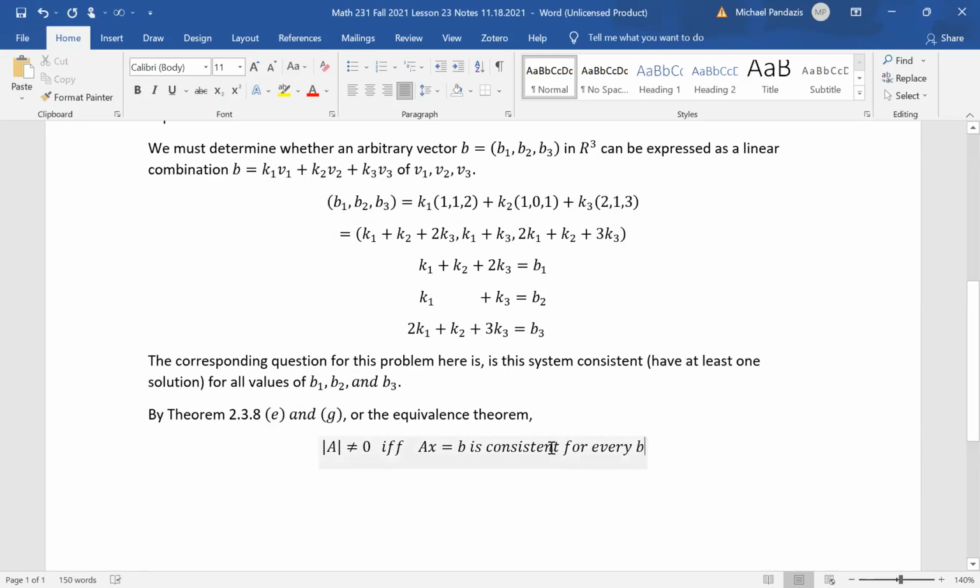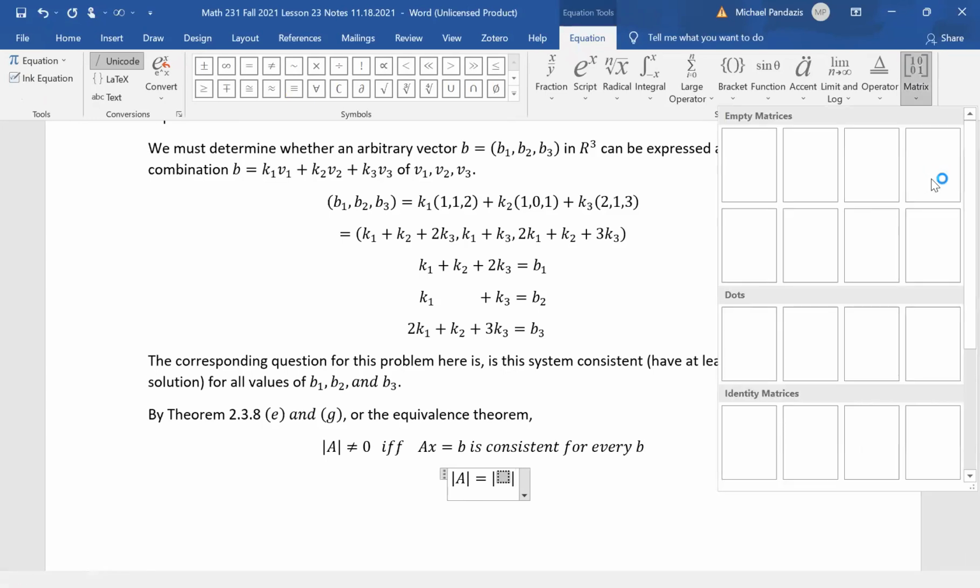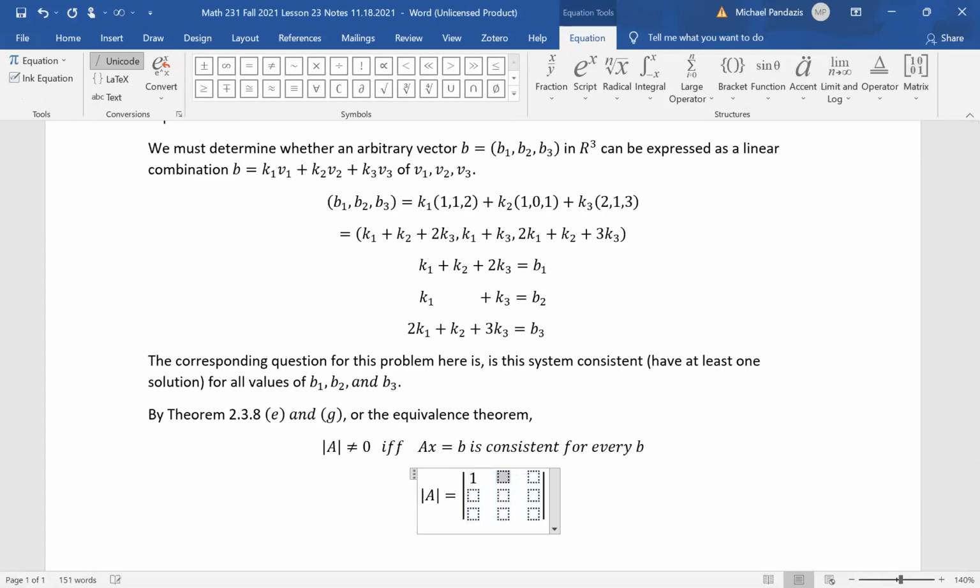Okay, so we need the determinant of A, which is the determinant of the coefficient matrix, the matrix 1, 1, 2, 1, 0, 1, 2, 1, 3.